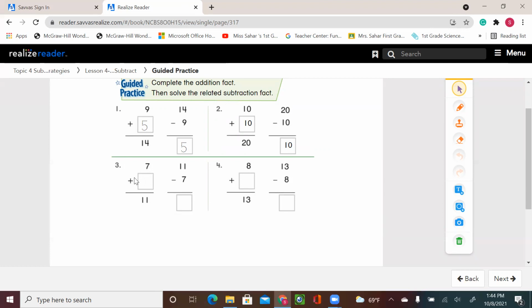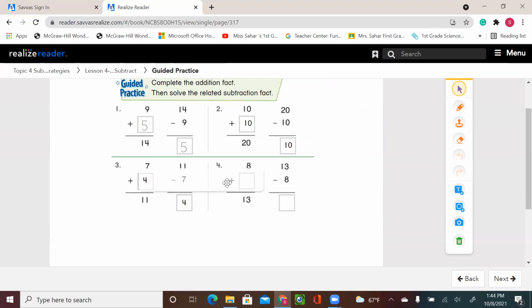So count on: 8, 9, 10, 11. 4 counts, 4 steps, 4 jumps. So 7 plus 4 equals 11. That means 11 take away 7 equals, awesome, 4.